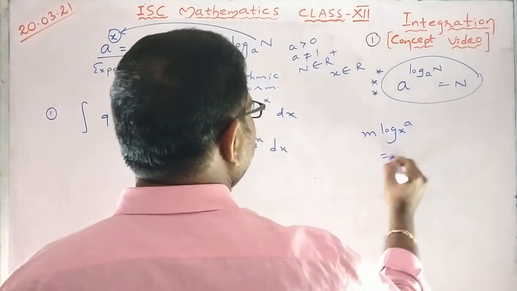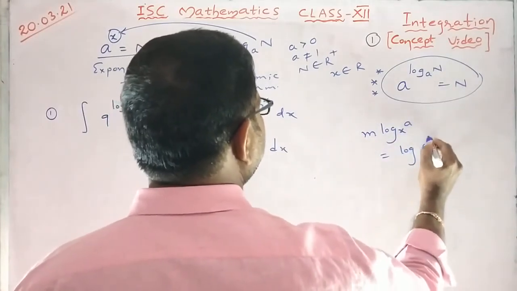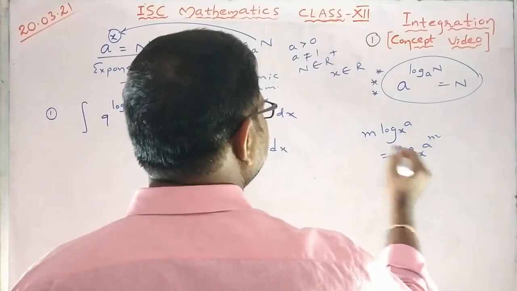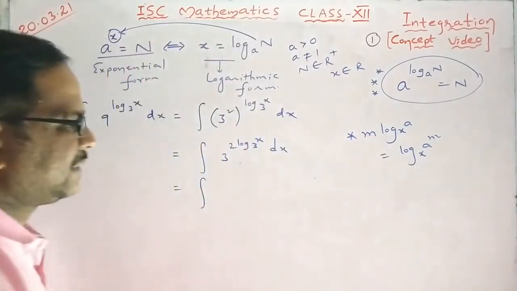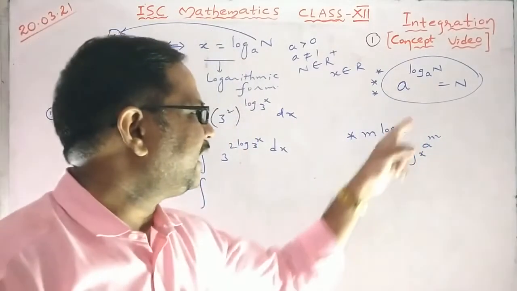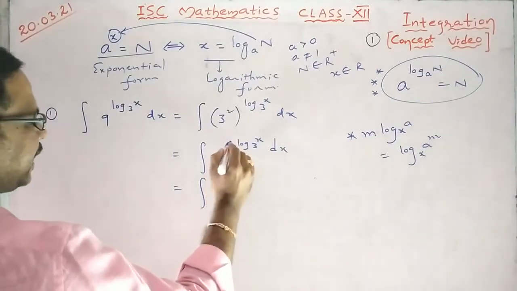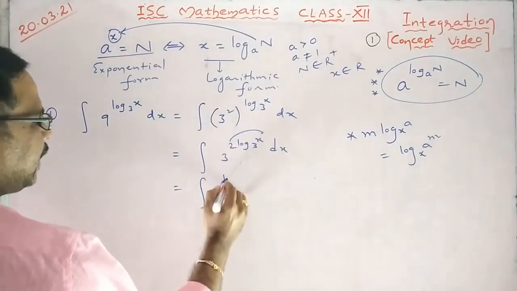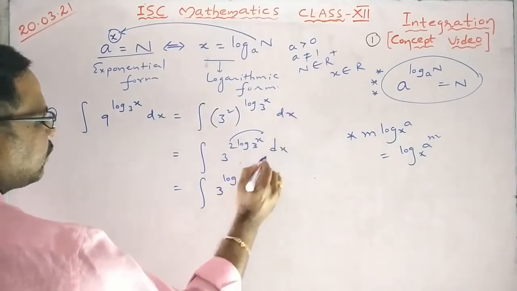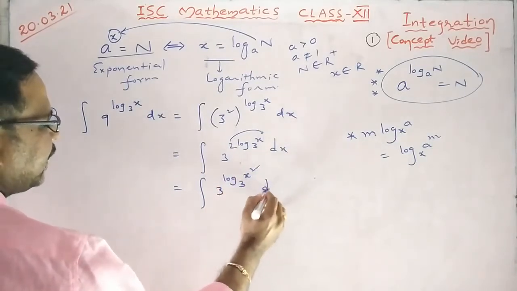If you have, we can write it in exponential form, a to the power n to the base x. This m can be taken into the power. So similarly here 3 power 2 we can take here. That means 3 power log x square to the base 3 dx.